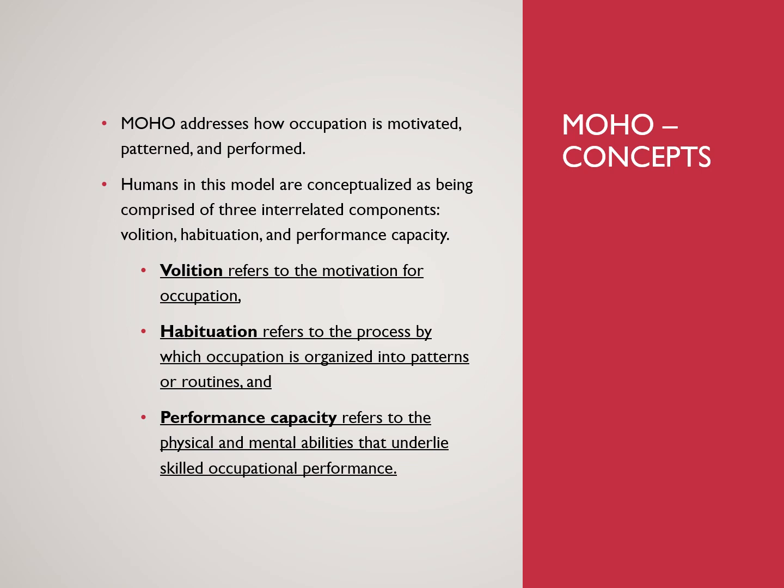Habituation refers to the process by which occupation is organized into patterns or routines. How are you organizing yourself as a student to study and become successful? Performance capacity refers to the physical and mental abilities that underlie skilled occupational performance. So what is your capacity to be successful?